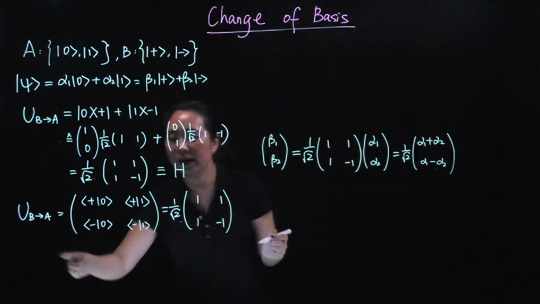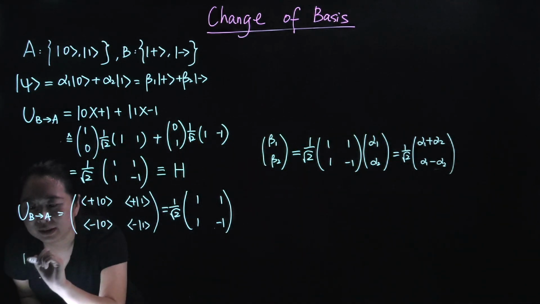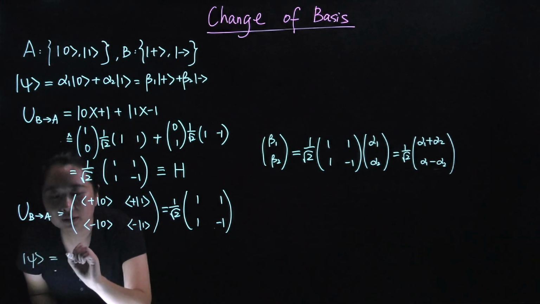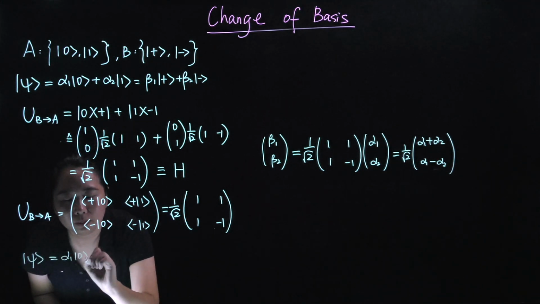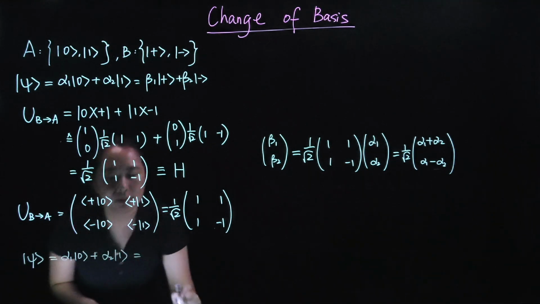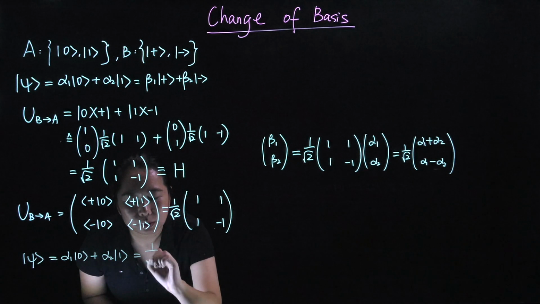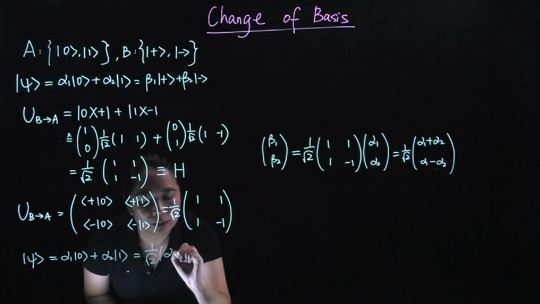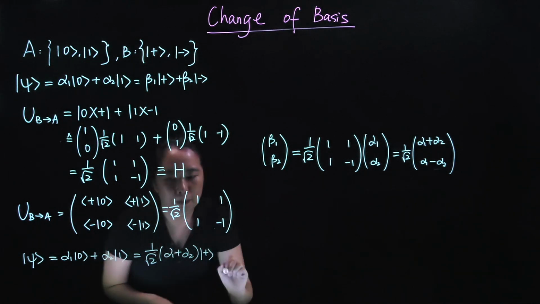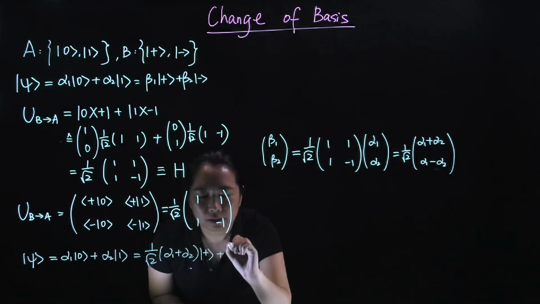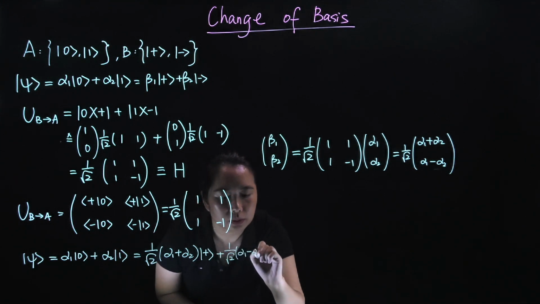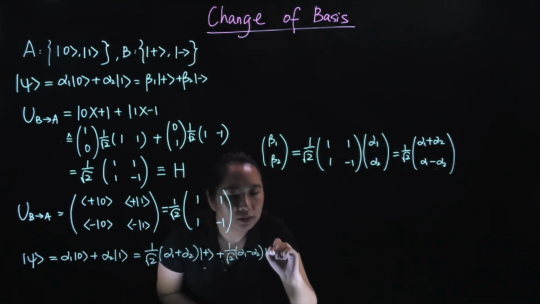That is to say, we can now write out our state psi, which previously was alpha 1 ket 0 plus alpha 2 ket 1, as now 1 over square root 2, alpha 1 plus alpha 2, ket plus, plus 1 over square root 2, alpha 1 minus alpha 2, ket minus.